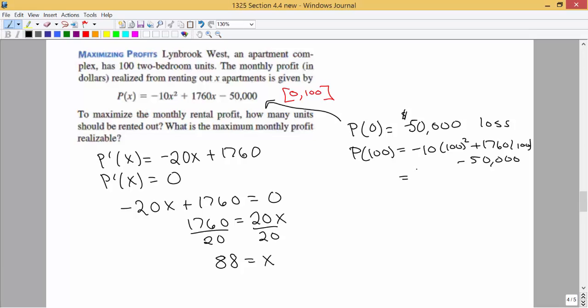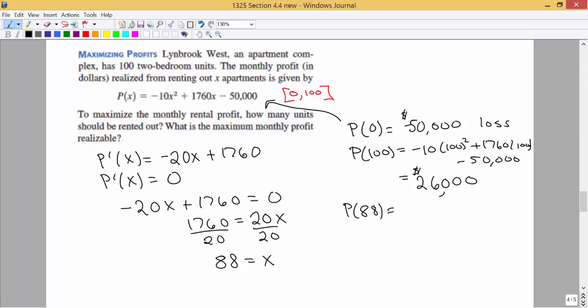We'll put that into the calculator as is. And I end up getting $26,000. So this will be a profit of $26,000. And we want to know what happens if we rent out the 88 apartments.